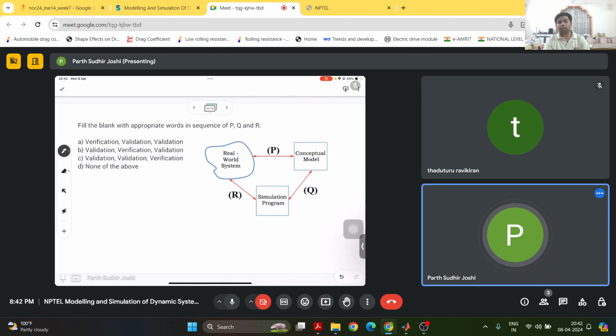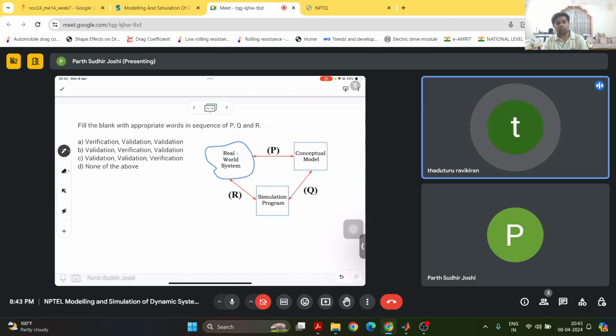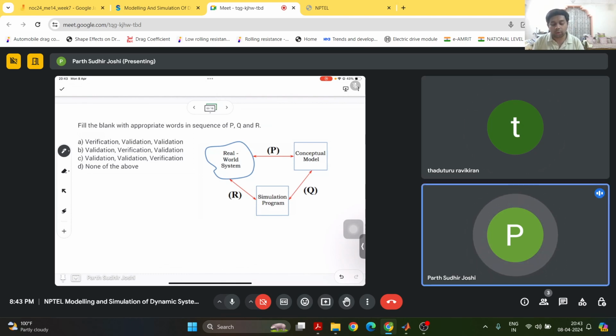Validation. Yes, it is validation, because when we compare our conceptual model with our real world system, it is called validation.